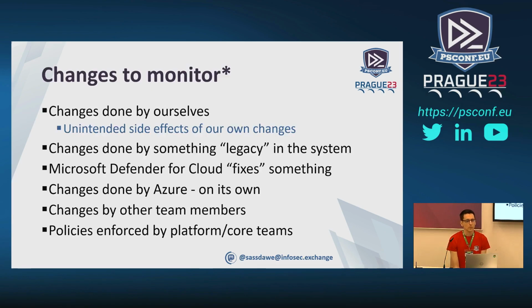So what changes do we need to monitor? Changes come in many shapes and sizes. It can be just ourselves doing something and having unintended side effects, or something legacy running in the system that you inherited, doing changes you are not aware of.